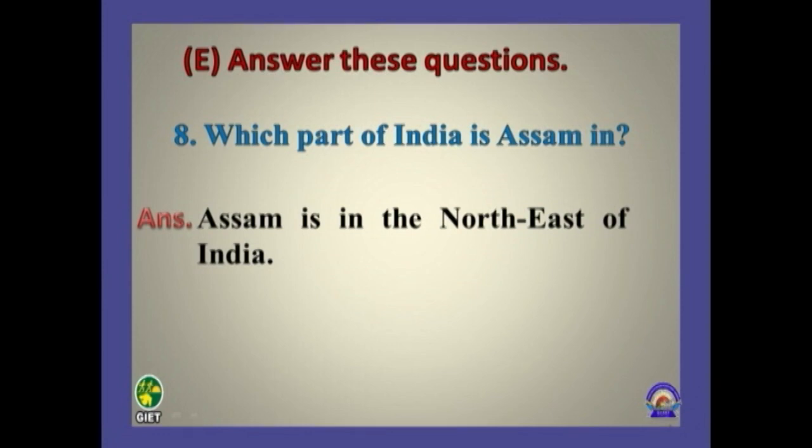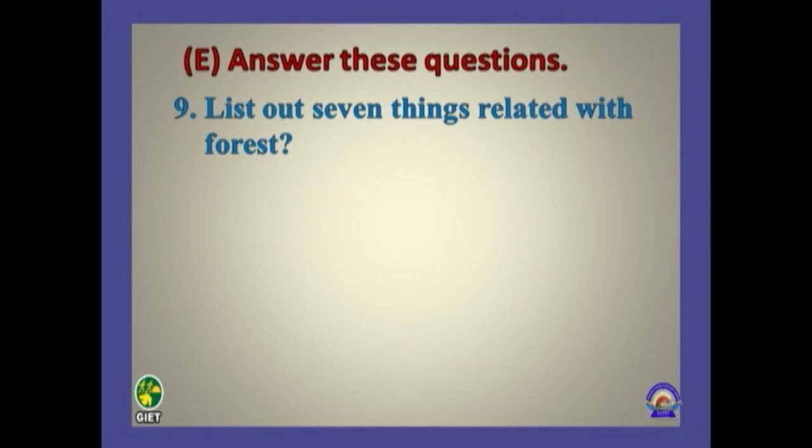Let's see. 9th, list out 7 things related with forest. There was a forest in the story, so write things related to it. Wild animals, yes, wild animals are in the forest.